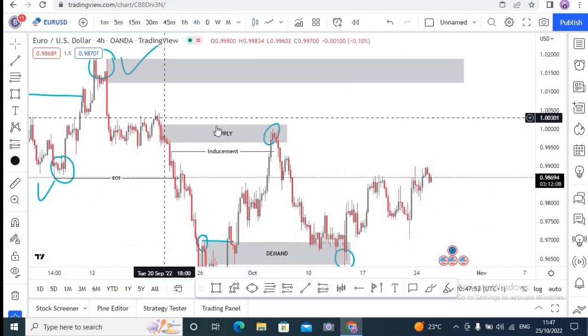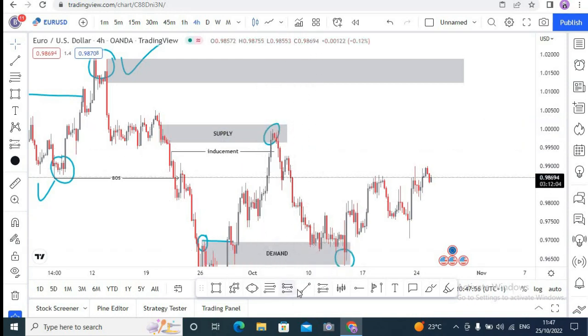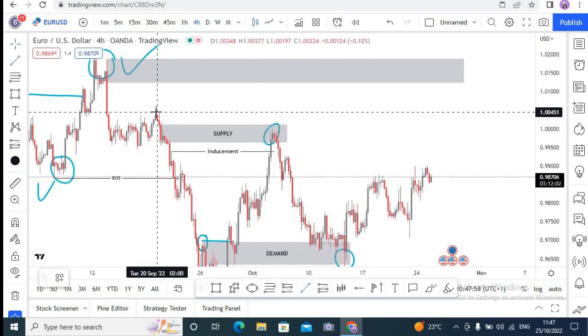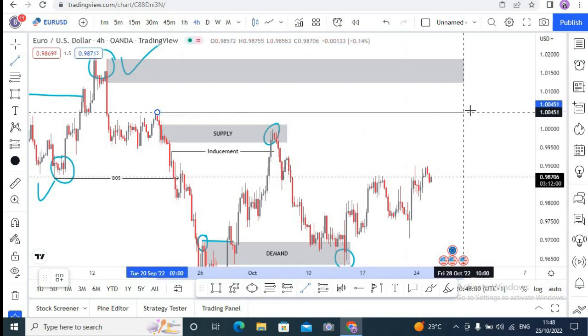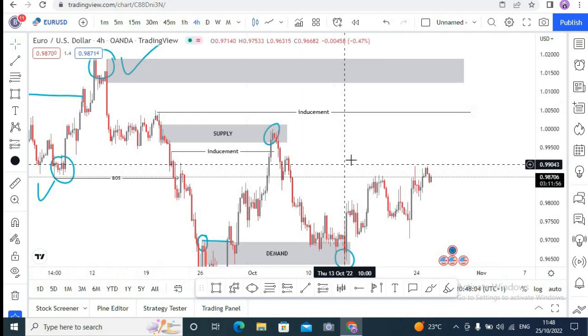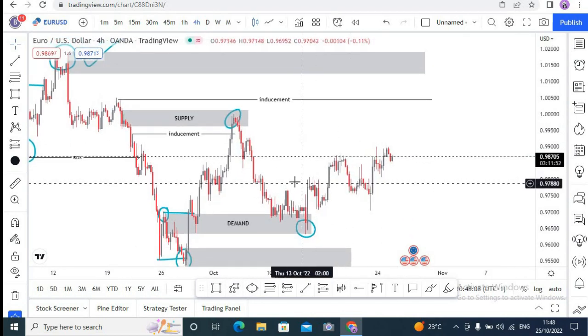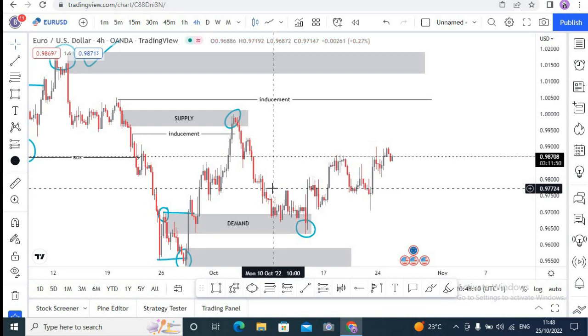So this zone will now become our liquidity point, so the price will come and take it out. So this one will now become our liquidity, or what we call an inducement. Something like this. So what you have to do is understand what I said.